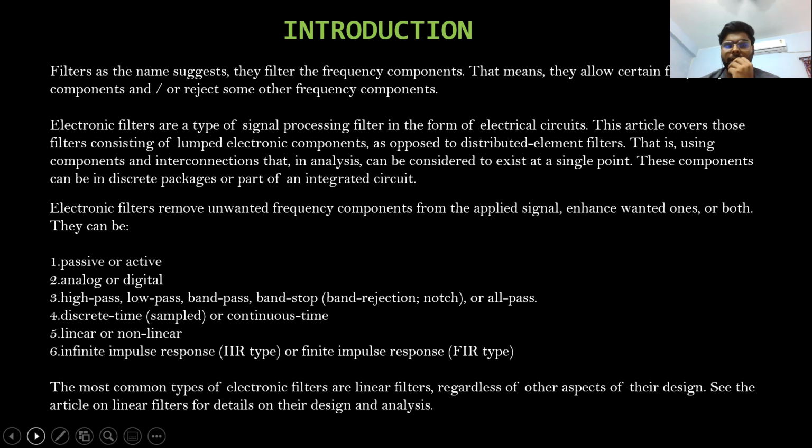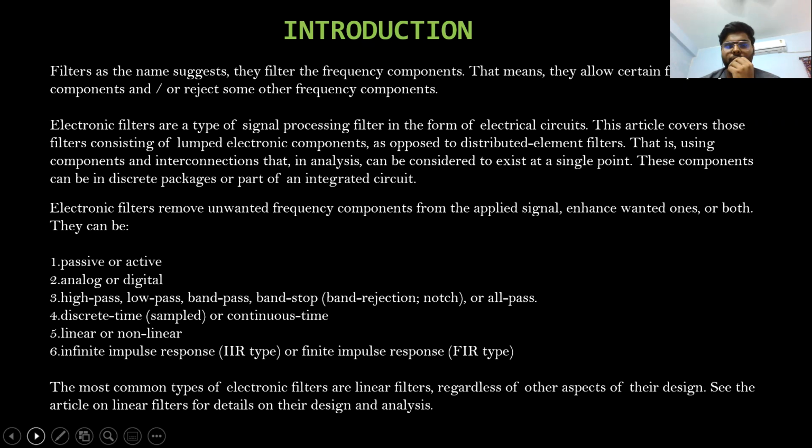This article covers those filters consisting of lumped electronic components, as opposed to distributed element filters, that is, components and interconnections that in analysis can be considered to exist at a single point. These components can be in discrete packages or part of an integrated circuit.